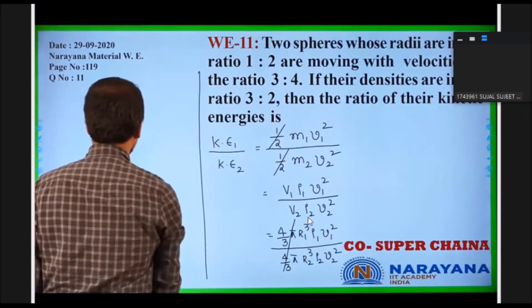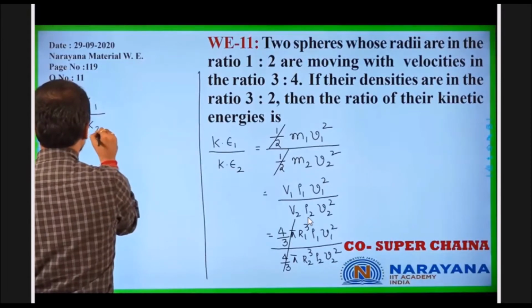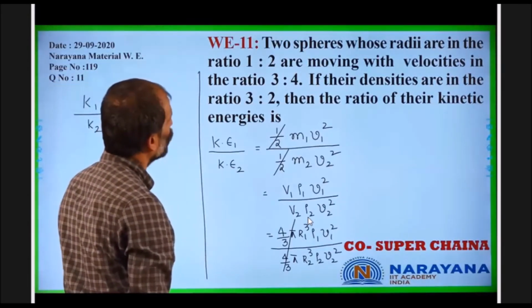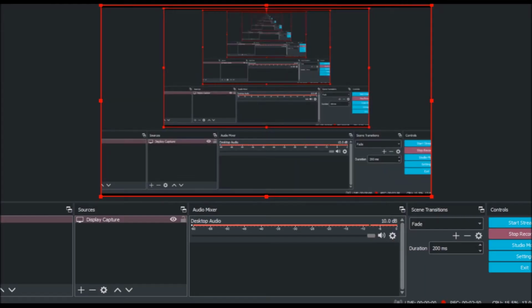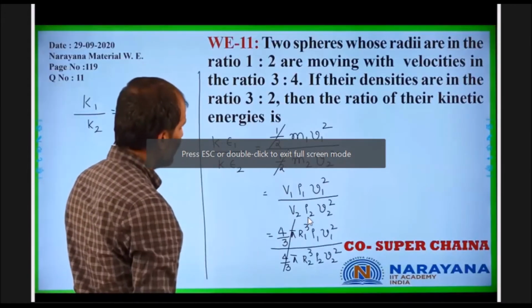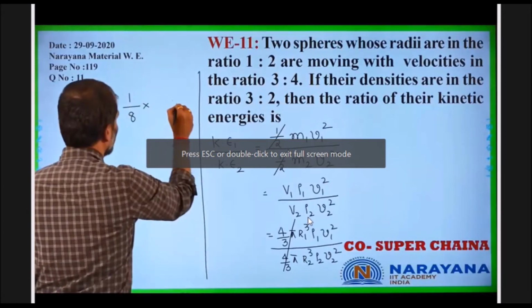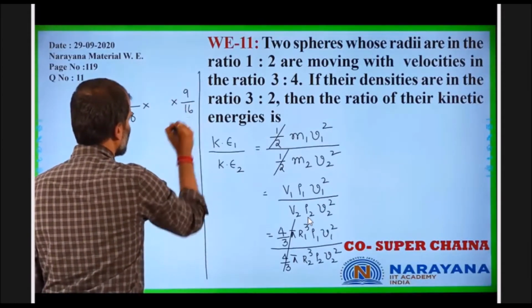Now if we consider the ratio of their kinetic energies, it is r1 cube by r2 cube. Radii are in the ratio 1:2, so it is now 1/8. Velocities are in the ratio 3:4, that means it is 3 square is 9 by 16.